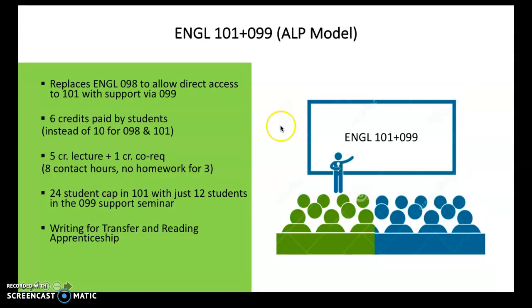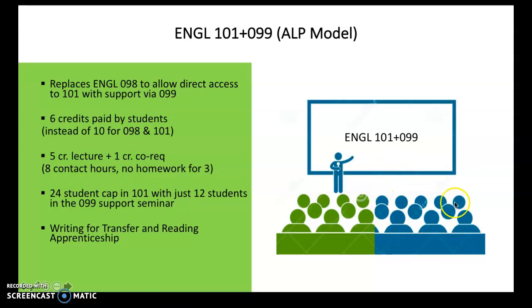English 99 is based on the ALP model, the Accelerated Learning Program model. And part of what is very unique about this class, as you've already read, is that it's made up of 2 different groups of students. So we have a class of 24 who are taking English 101 all together.